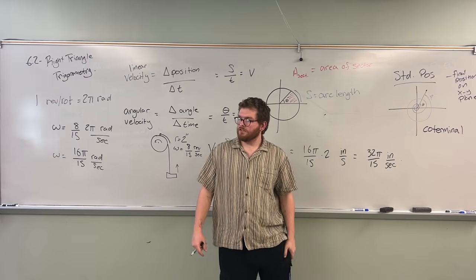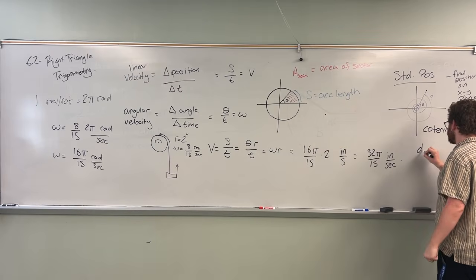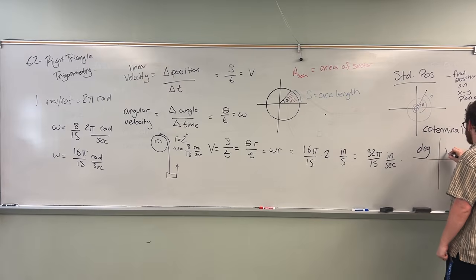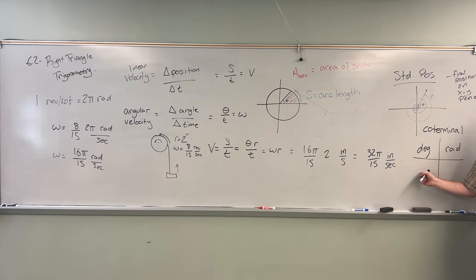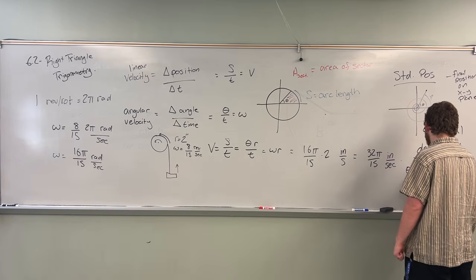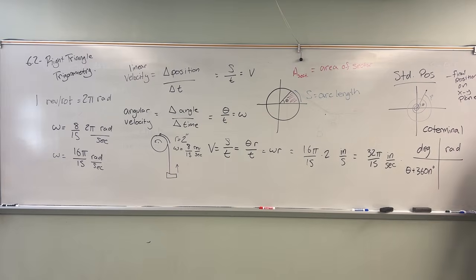So for instance, if we're talking in degrees, and I'll write this out like a little table, versus radians, any multiple of 360 degrees will get me back in the same place. So theta plus 360 times some number of degrees, where n is an integer.